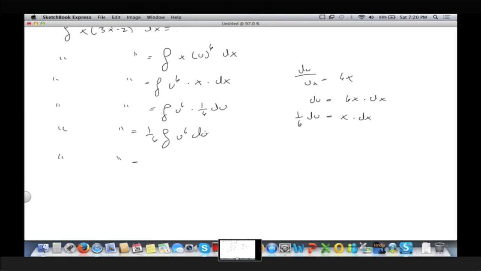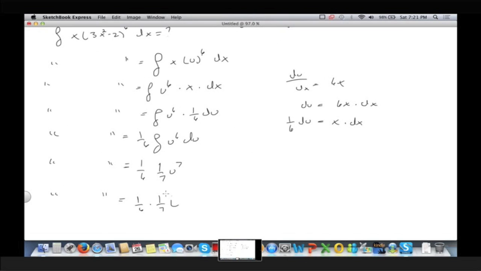Okay, so you got this. And I'll take the antiderivative. So 1/7, to use 7, and okay, so use 3x squared minus 2.